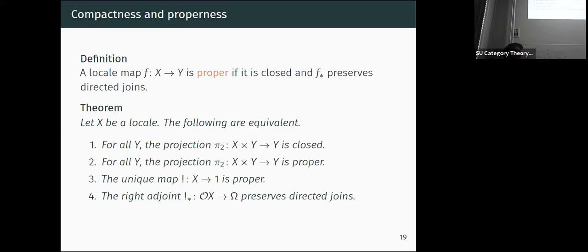It doesn't completely capture the category of locales, but for example, it captures categories of locales internal to any topos. And his axioms are actually an axiomatization of order enriched categories. And if you reverse the order, it changes compact to overt and vice versa. And so you can prove things in that setting where you can dualize exactly like that.